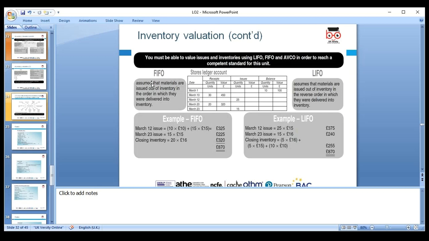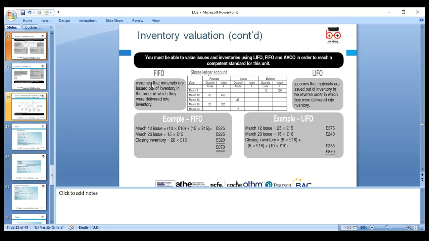Total value of issue is 325, and the closing inventory left is 320. So total was 370. That's the way we need to interpret it, and the inventory evaluation method we can use.